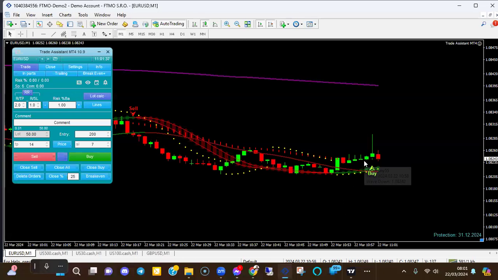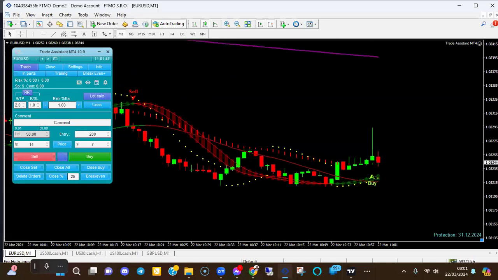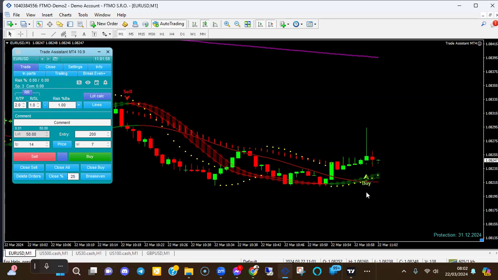Because if I'd jumped into it, we would have been taken out. Look at that. Tricky, aren't they? Yes, so right, we're out. Also, I noticed it would have been wrong for me because the trend line is still red.